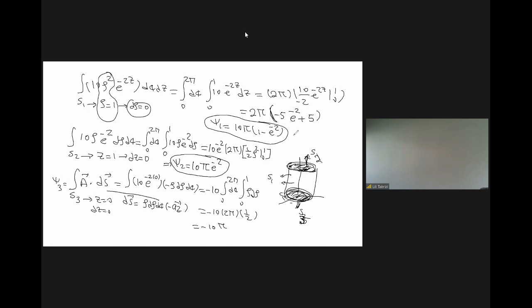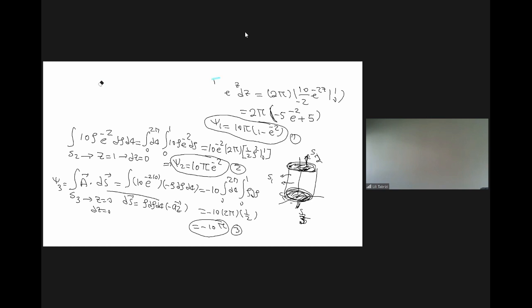You have psi 1, psi 2, psi 3. Add them up. So back to the original problem. What's the total flux of the vector through the complete cylinder?